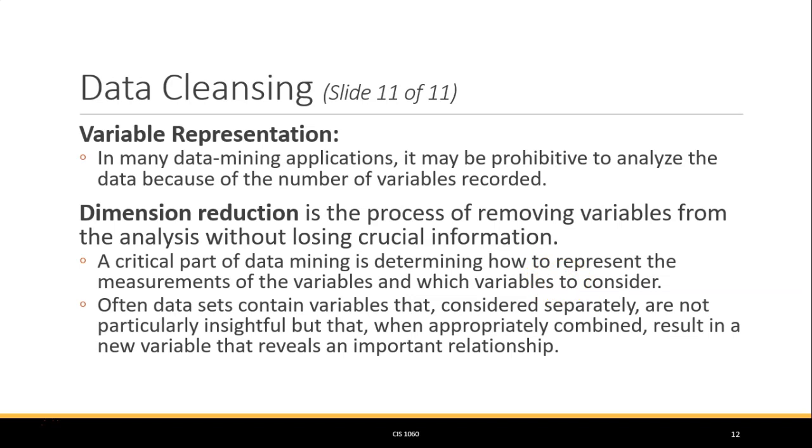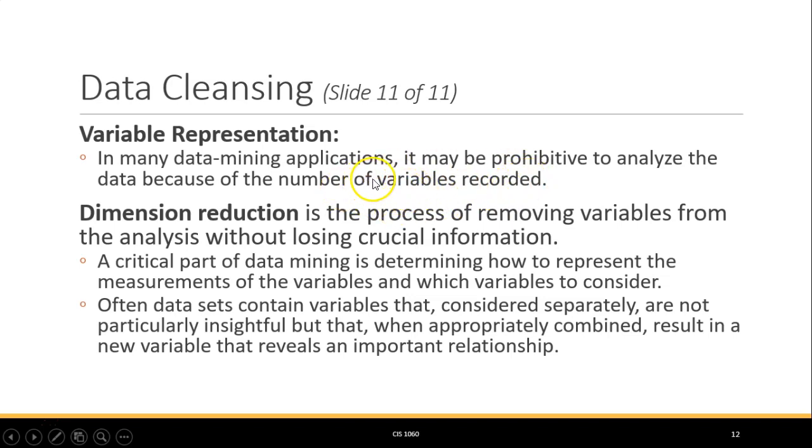One of the things to be concerned about, especially when it comes to data cleansing, is this whole idea that the variable representation may be so excessive that it's going to be impossible to do an analysis on everything and do some type of imputation.